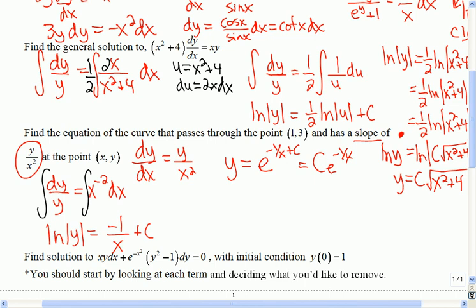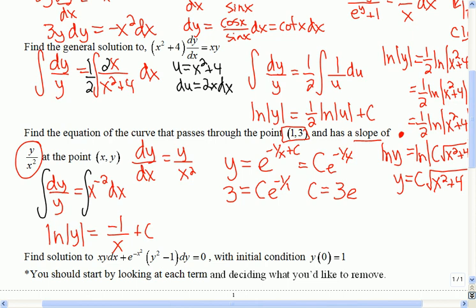So the information I have is that I'm going to use this point (1, 3) to figure out the constant. That means y equals 3 and x equals 1. Sorry, x equals 1. I was writing the letter e. I just said the wrong thing. So c would be equal to 3e.